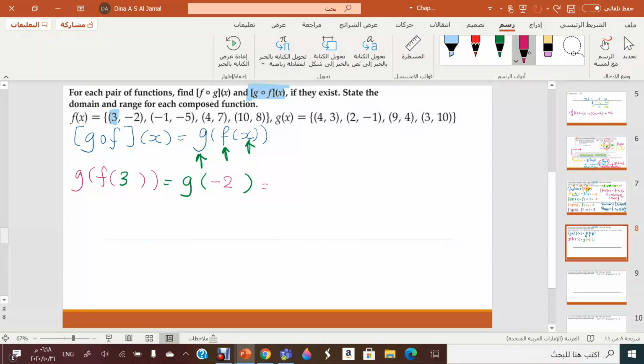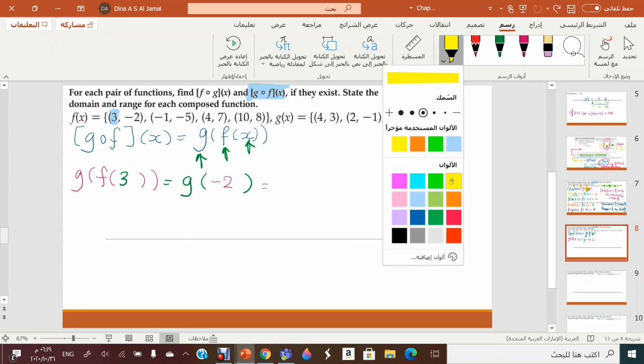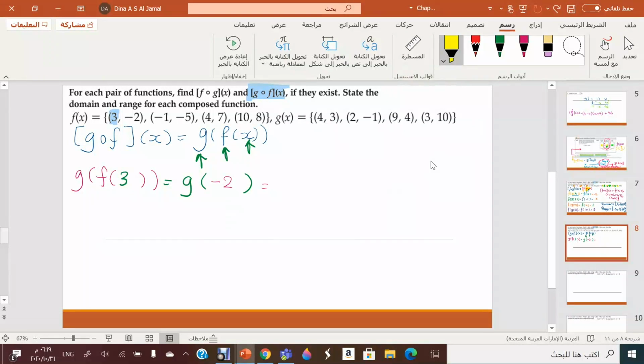Now concentrate on this point. Do you have in the domain of g of x any value of -2? No. That means here you do not have it, and it does not exist.